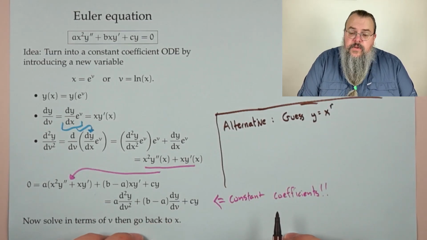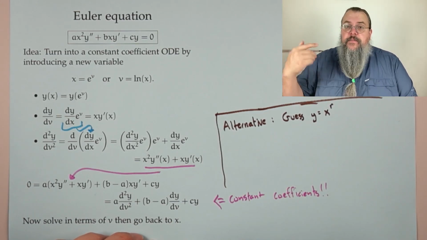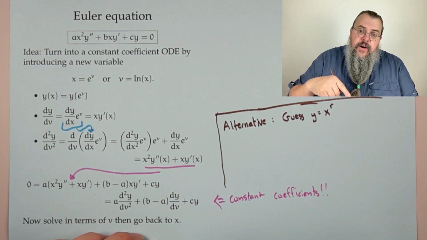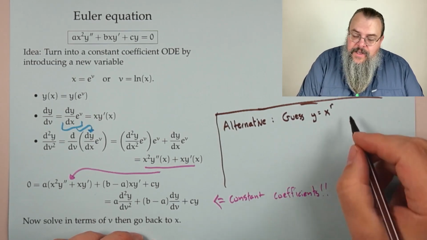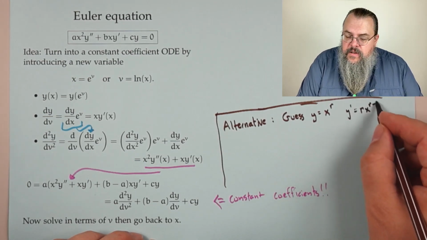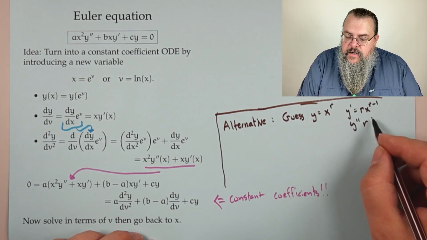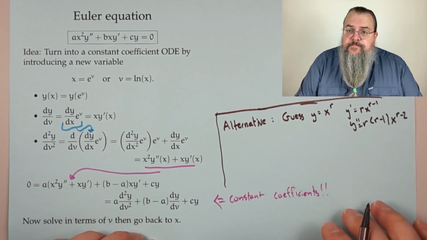And when you do this, when you take the first derivative, the power of r comes down, so r x to the r minus 1, and the second derivative will be r times r minus 1, x to the r minus 2.